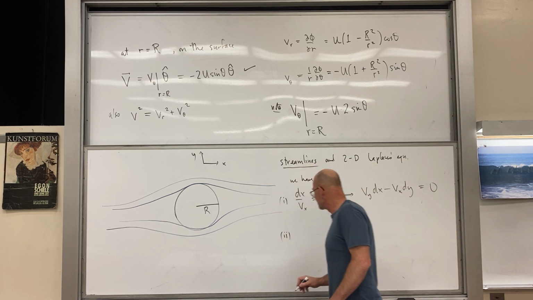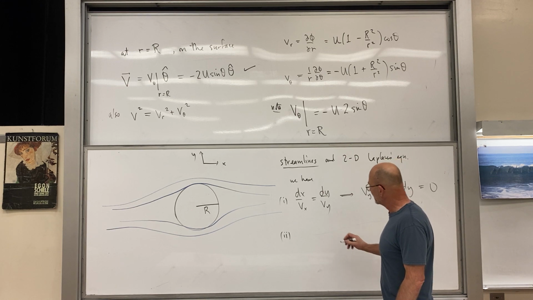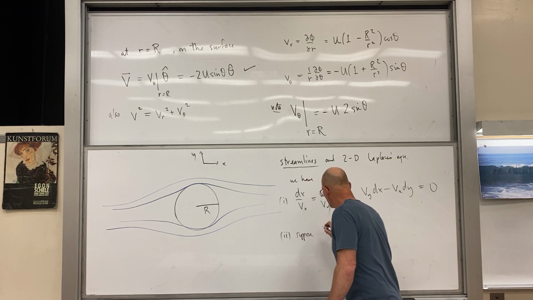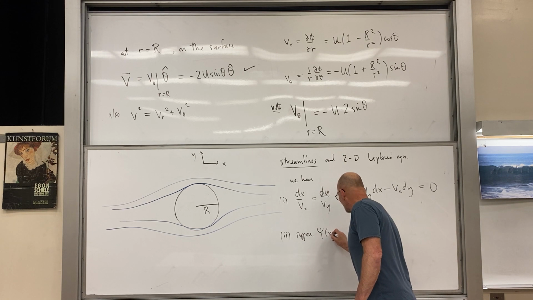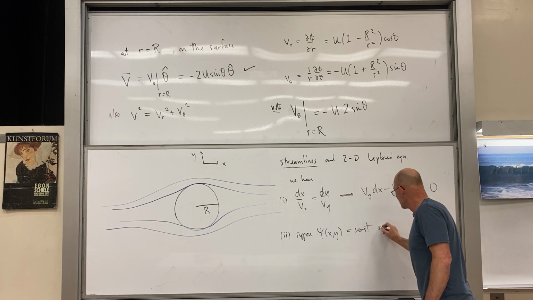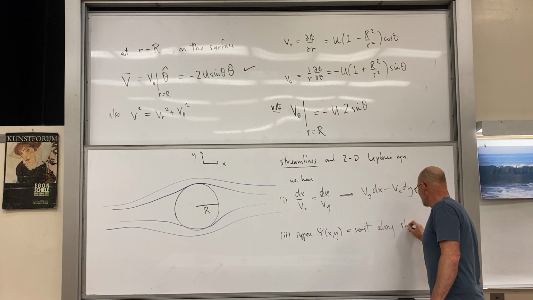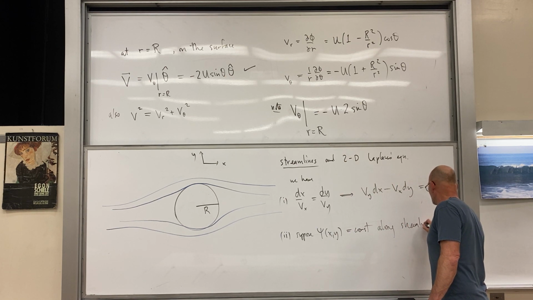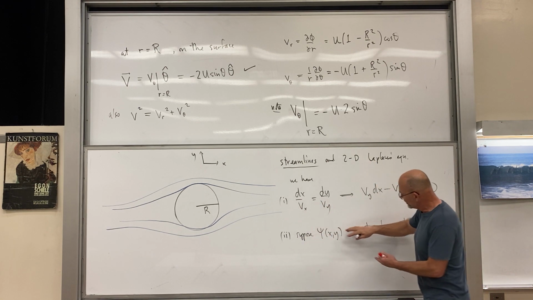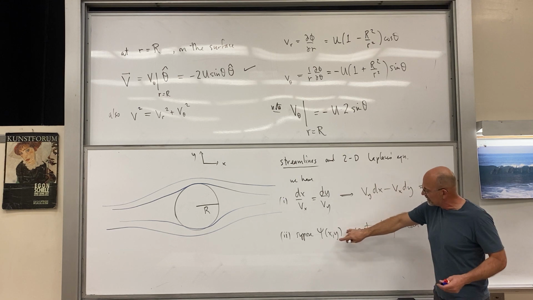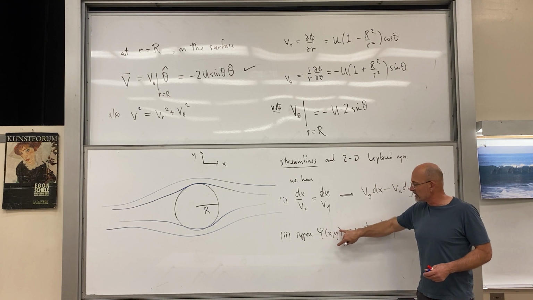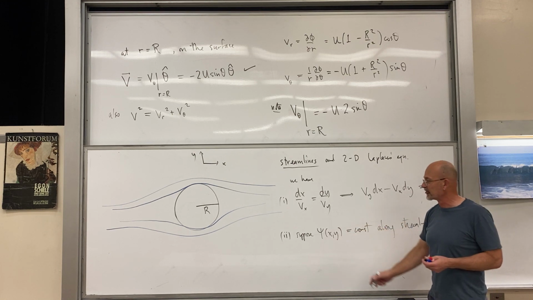Another relation is that suppose C of x and y equals a constant along the streamlines. Right? You'd have a function in x and y, and setting it equal to a constant implicitly defines a streamline, or a function y of x, say. Okay.